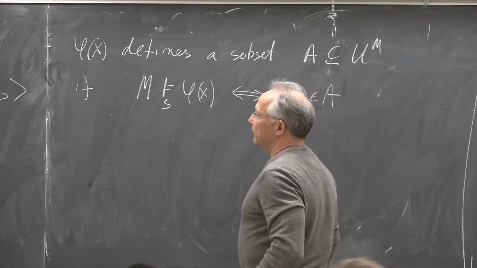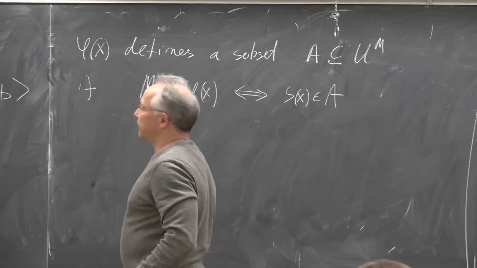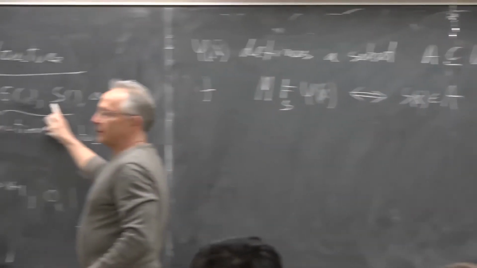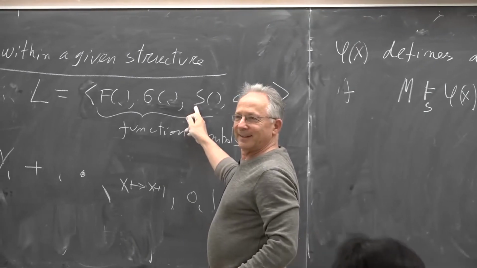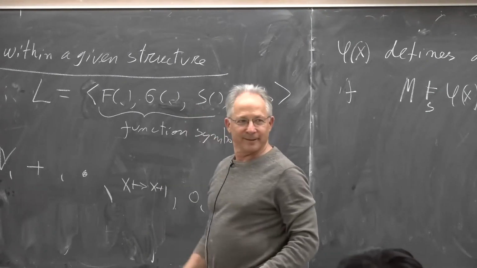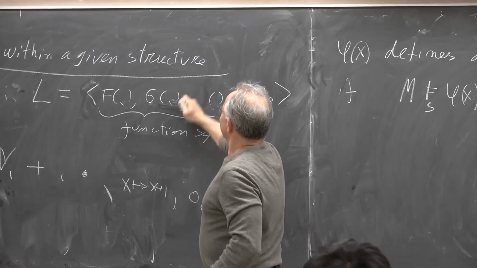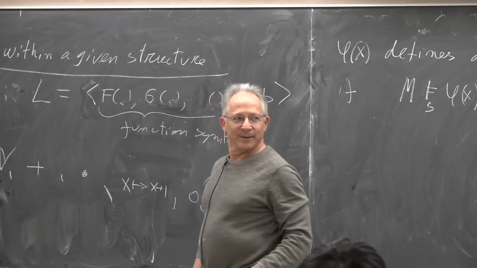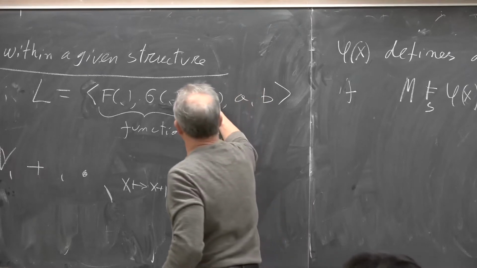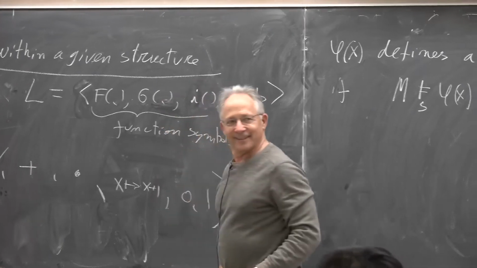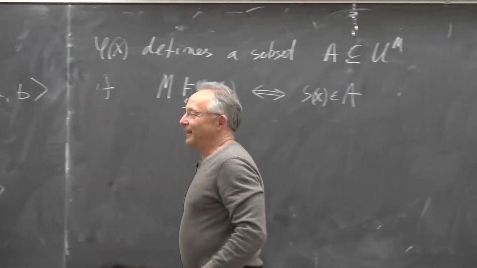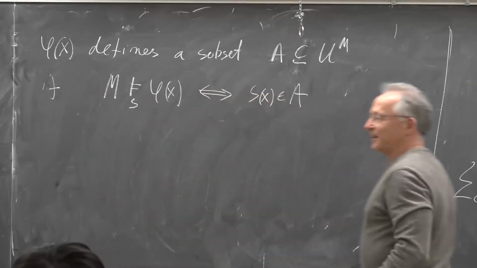I used S here. So let's replace the successor with a different name. So how can we call successor? Add 1. So I, for increment. Okay, I for increment. Next will be the natural numbers.